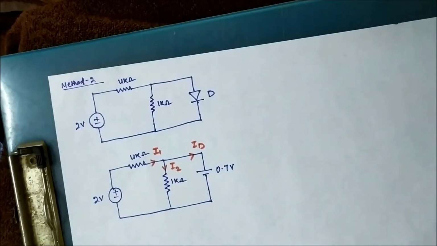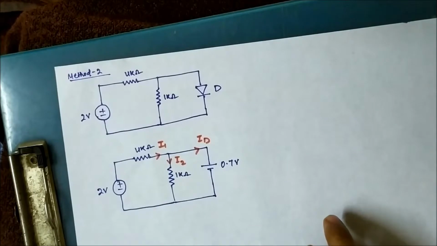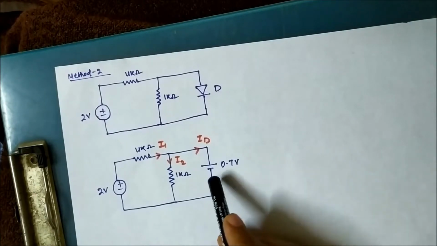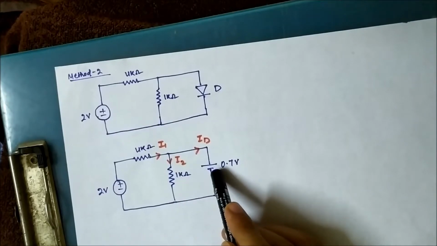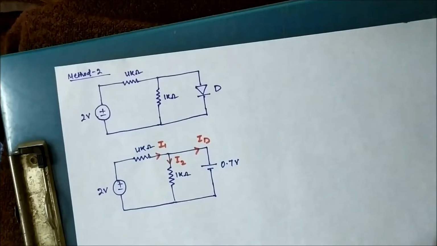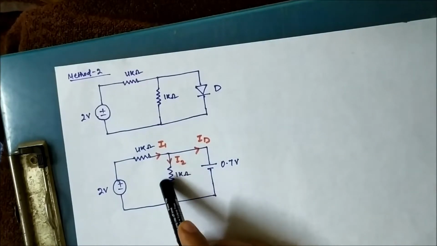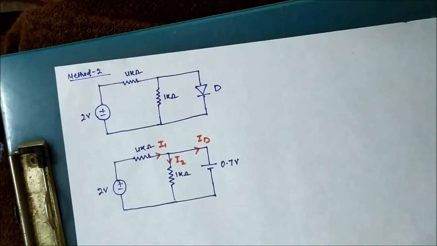Now the voltage across this 1 kilo ohm resistance is 0.7 volt. You can see the 1 kilo ohm resistance is connected across the 0.7 volt cut-in voltage, which we have replaced as the equivalent circuit of the diode. So the voltage across this 1 kilo ohm will be 0.7 volt.